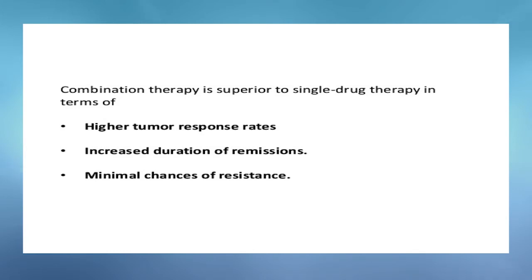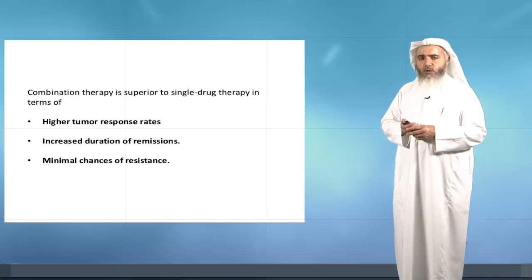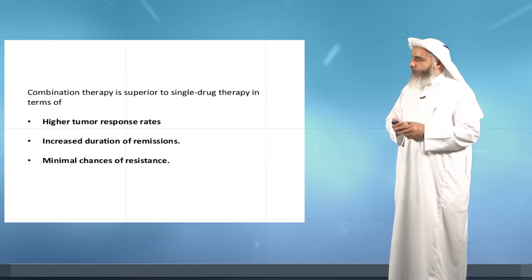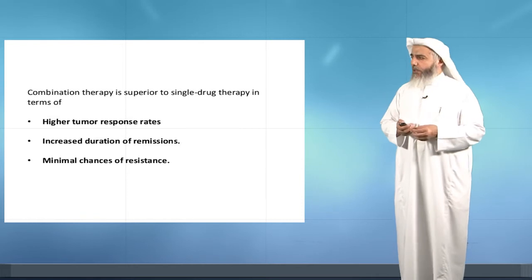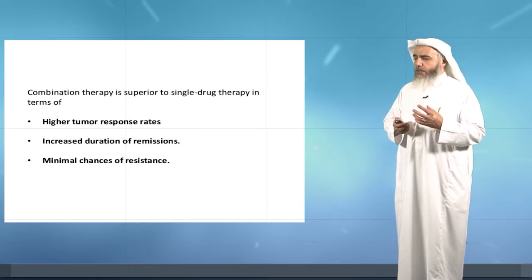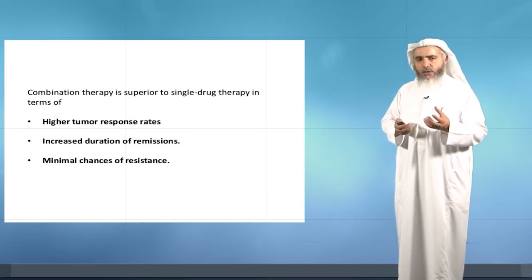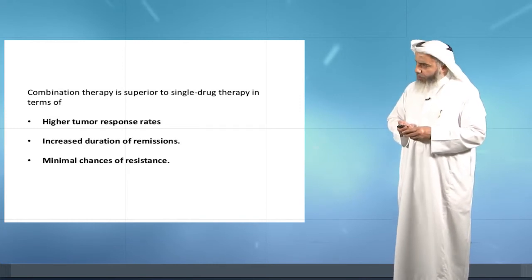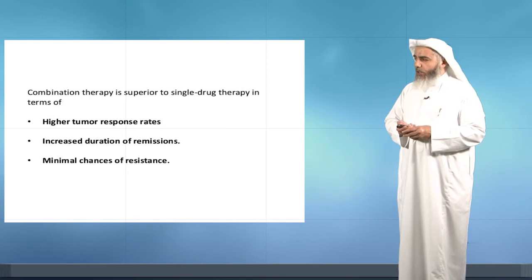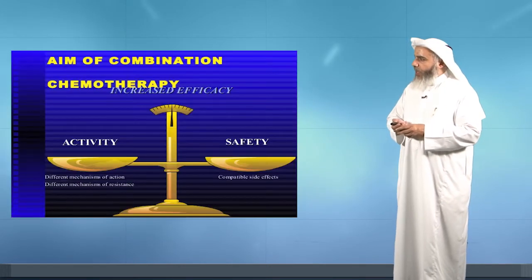So you try to play with the cancer in a way that the cancer does not understand, and improve the chance of response. That's why we use combination chemotherapy, to overcome the resistance, get a high response rate, and increase the duration of remission.